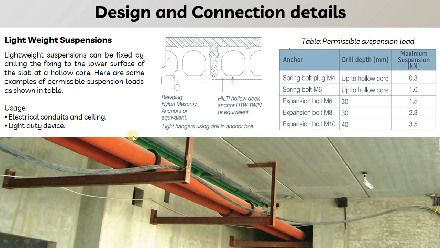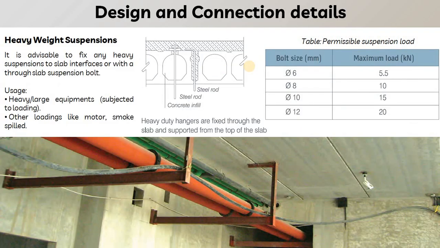For lightweight suspensions such as electric conduit and ceilings, or light duty devices such as lights, fans, or some pipe works, they can be hung in this kind of system using a special bolt that has to be drilled and fixed in the core, which will take the load of this kind of suspension.